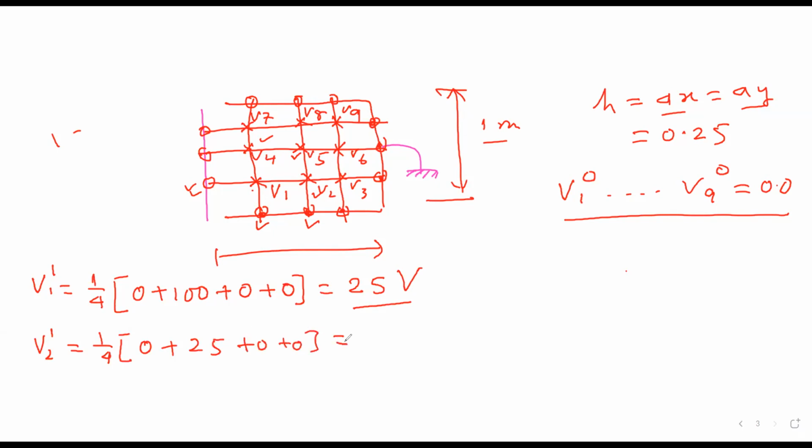It is equal to what? 6.25 volt. Your V3 first iteration equal to what? Your V3 involves one boundary with no voltage, another boundary with no voltage, another point has a voltage 6.25, and another point has voltage 0. It is equal to what? 1.5625.